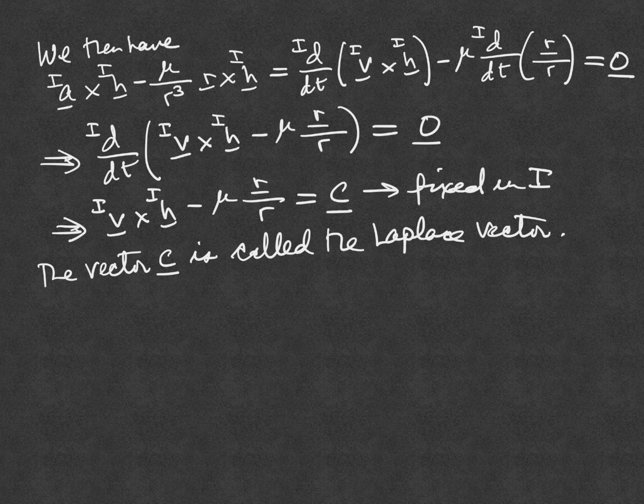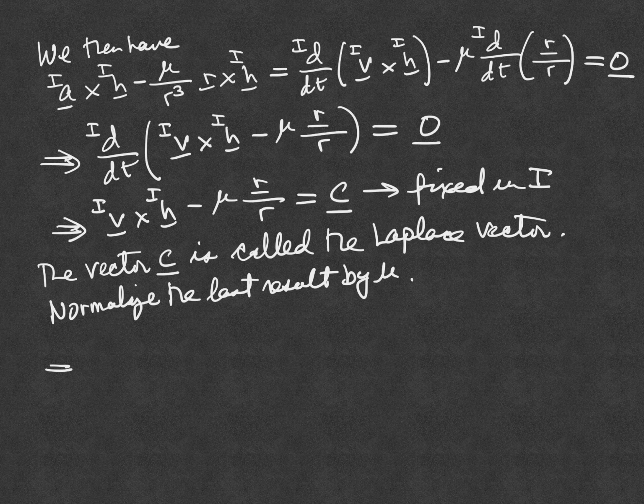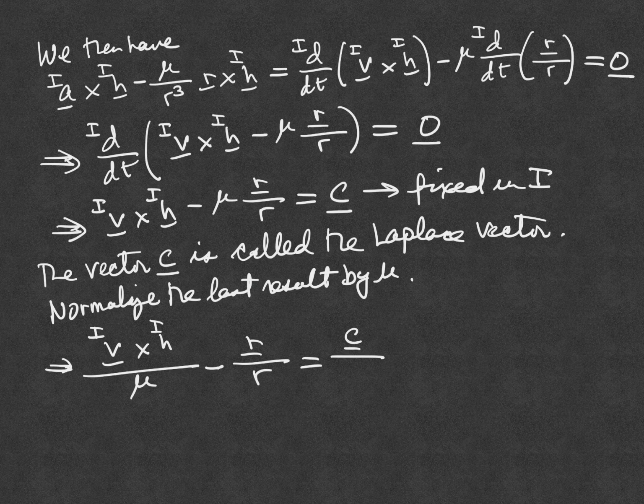Even though the Laplace vector is interesting because it turns out to be fixed in the inertial frame, we don't actually work with the Laplace vector. We divide through and normalize the last result by mu. And what that gives us is VI crossed with HI divided by mu minus r divided by the radius is equal to C divided by mu.